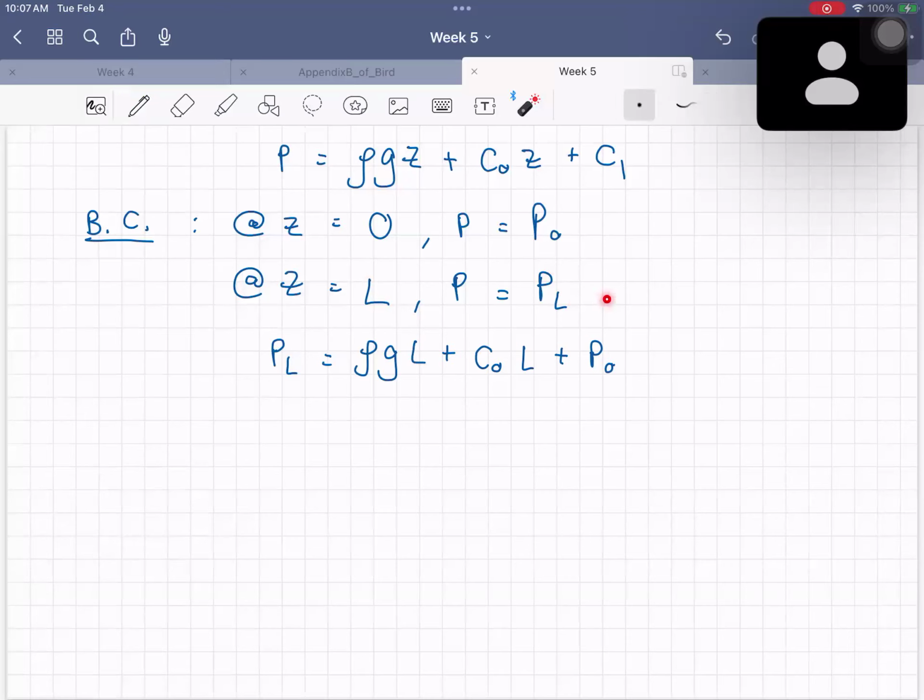Substitute the second boundary condition into the equation. So you get C0 equal to PL minus P0 over L minus rho G. Is that right?